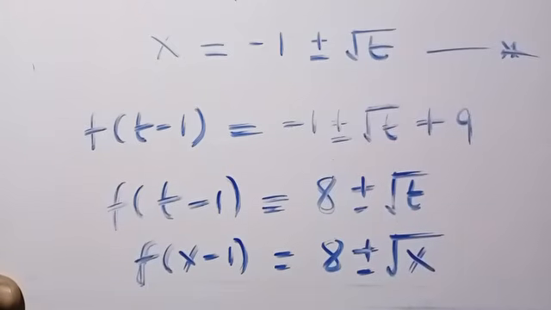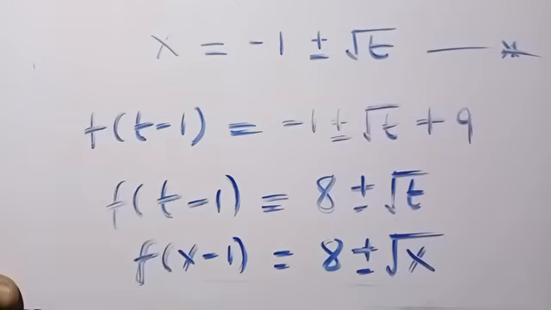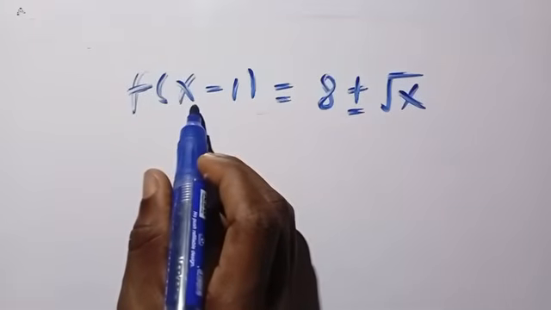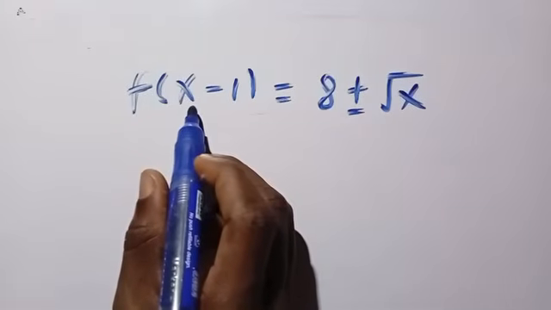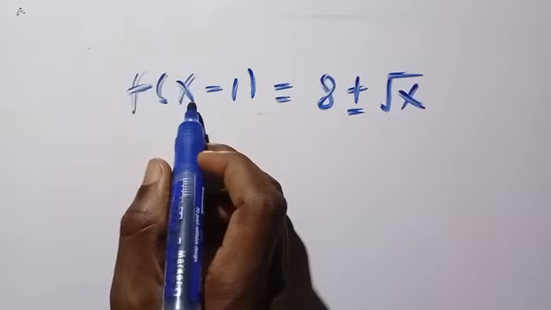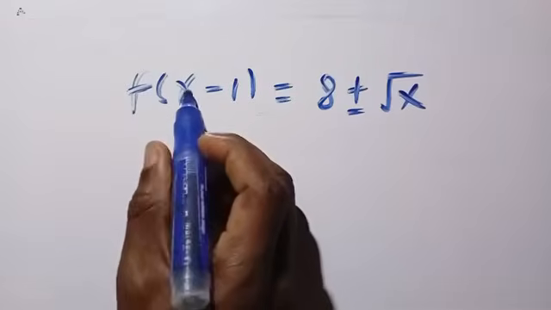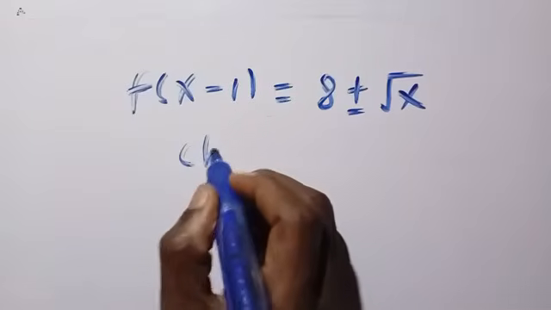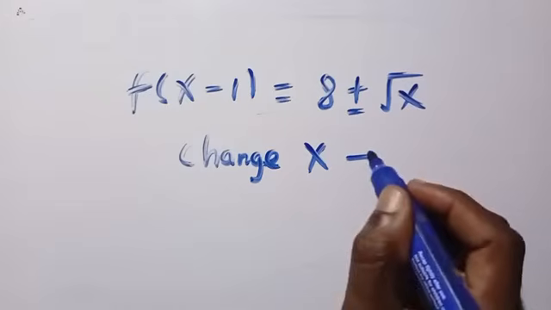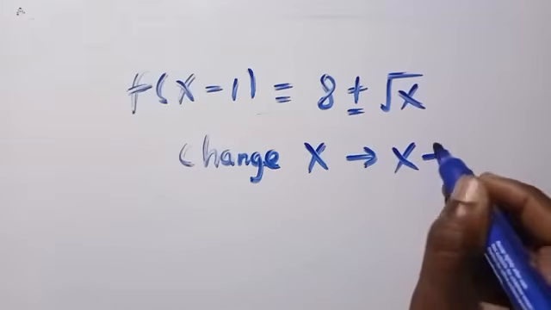Getting to this stage, we also need to find f of x, not f of x minus 1. So here we need f of x, and this is x minus 1. For us to have x in this, we change x to x plus 1.